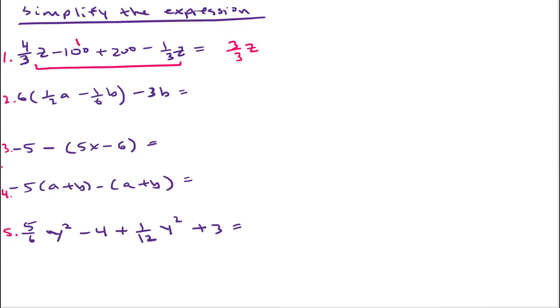Okay, and then we're going to combine these together: -100 plus 200 is going to give us 100, right? So that's plus 100. If we simplify that, 3/3 is just 1, so 1 times z is just z. So z plus 100 will be our answer for the first one.